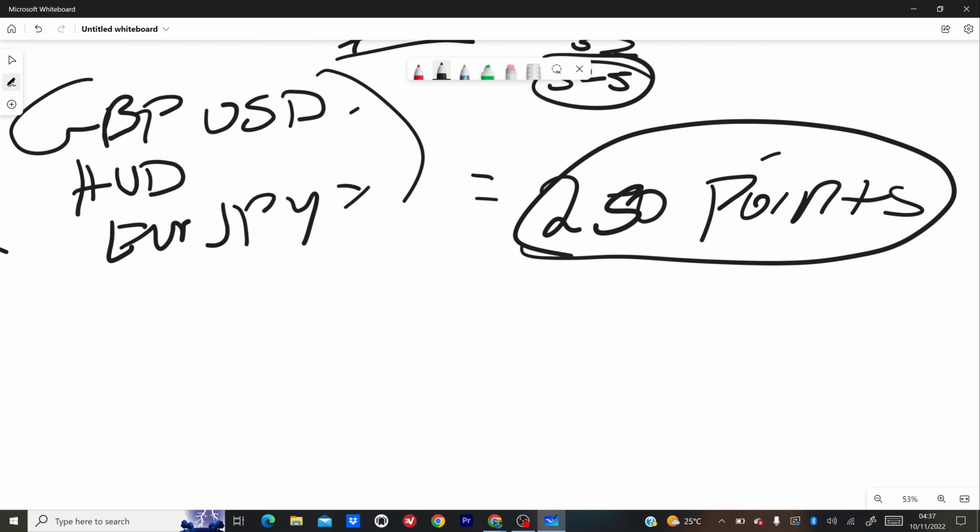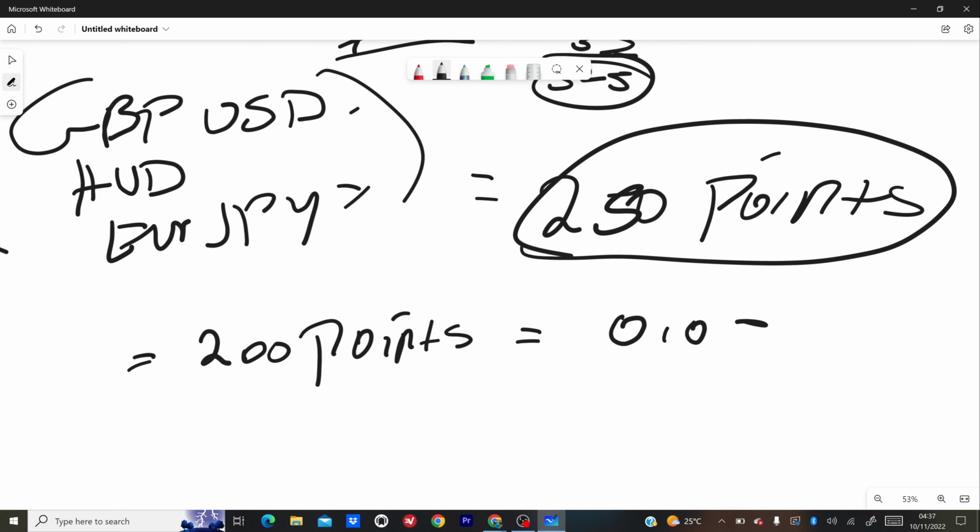Maybe instead of 250 points, you can select the movement of the first one, which is 200. If you know the market, you can retest back a little 200 points, and the moment you select this one, all you're just going to do right over here is to select another lot size of 0.05.